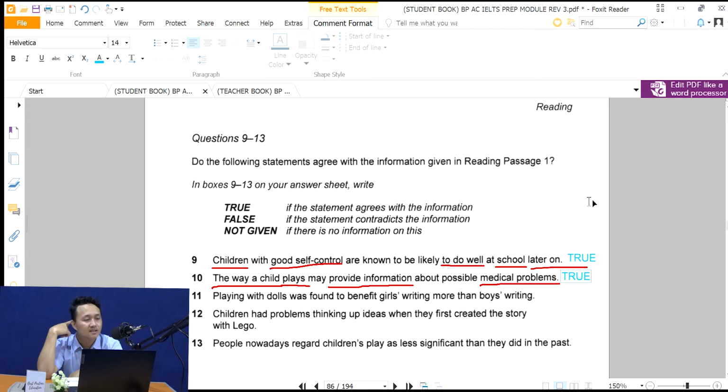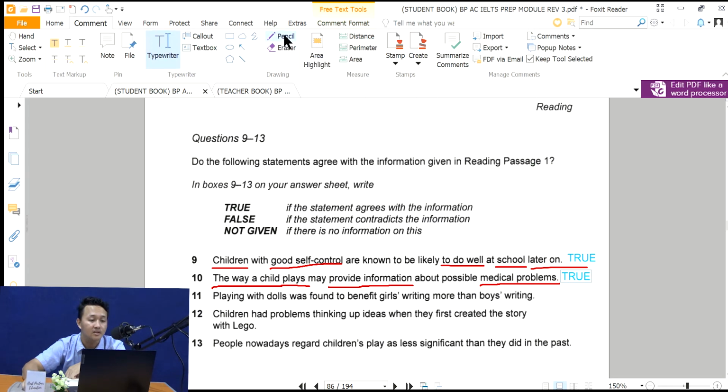Because it's such a risk when you write your answer with only T for true or F for false, because it says here that in boxes 9 to 13 on your answer sheet, write true, false, not given.